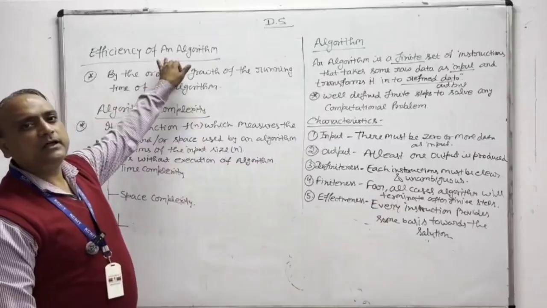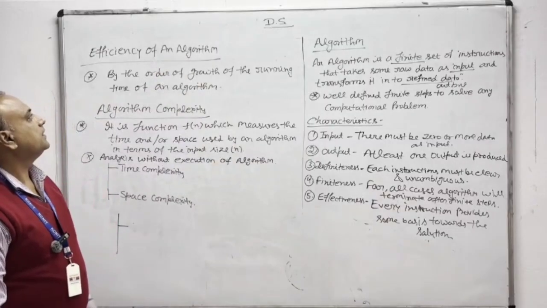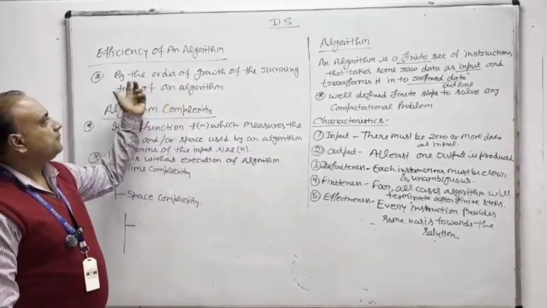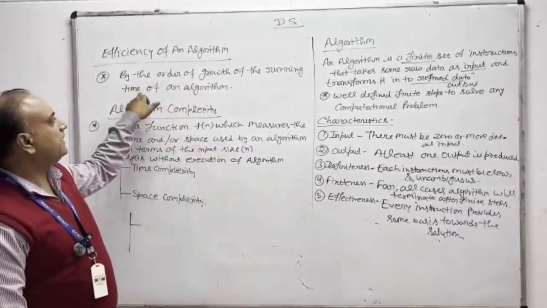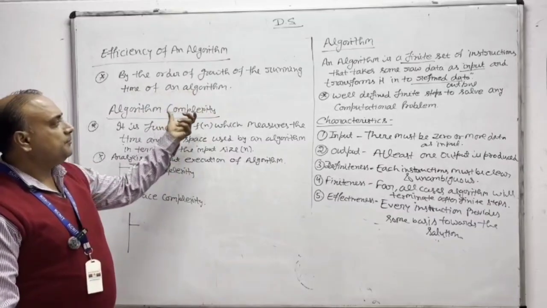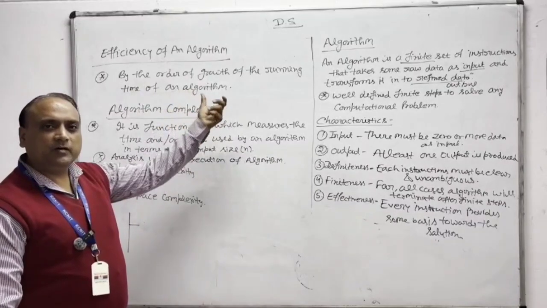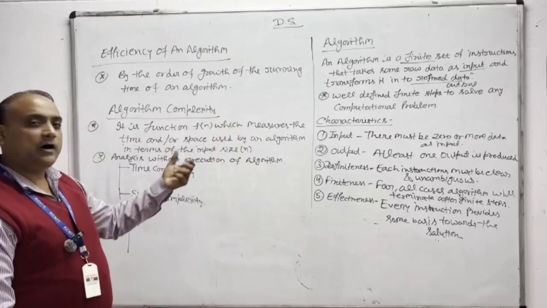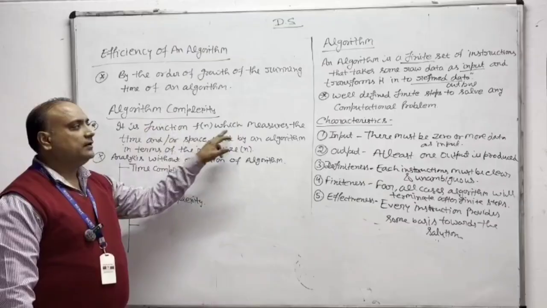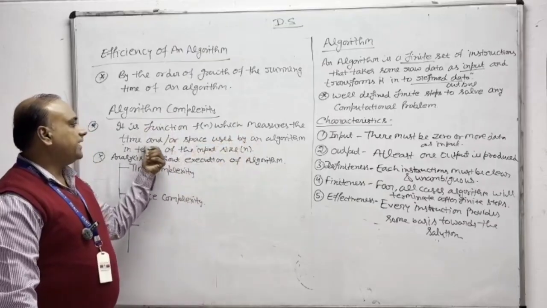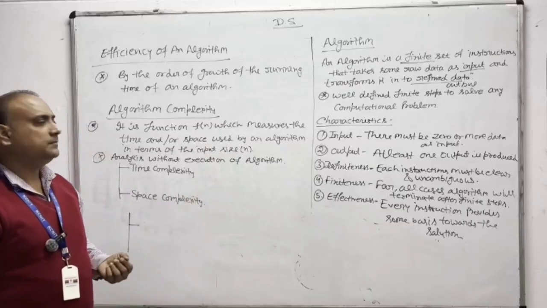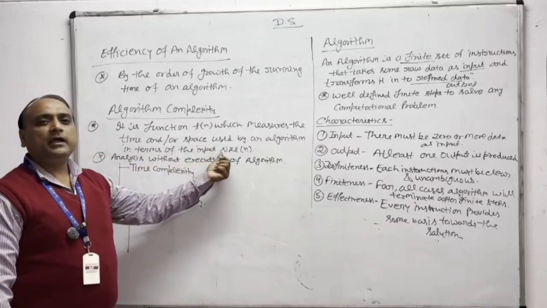Now we discuss the efficiency of an algorithm. Efficiency of an algorithm can be determined by the order of growth of the running time of an algorithm. Here we measure the algorithm complexity of each algorithm. What is algorithm complexity? Basically it is a function which measures the time and or space used by an algorithm in terms of the input size.